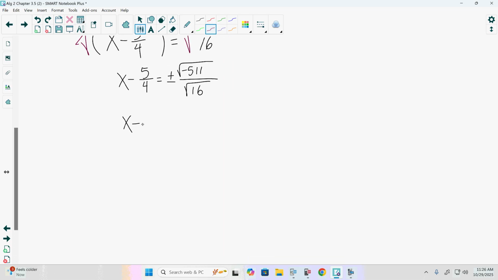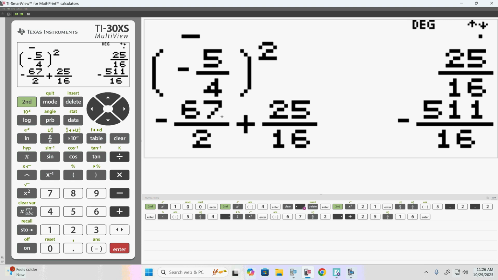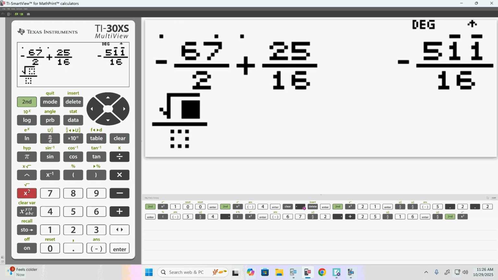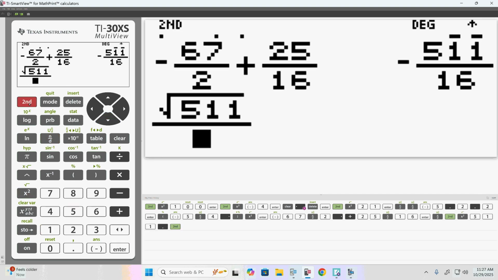Now, to do this, we know that that negative on top is going to have to come out as what? I. And we can take the remaining part and put it into the calculator.